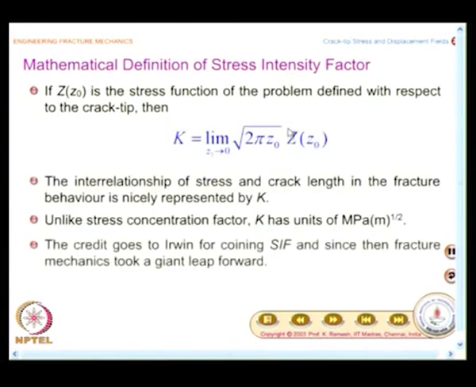If I have a stress function z, and mind you it should be referred with respect to the crack tip as the origin, in order to distinguish that the origin is shifted, I am using the symbol z naught. If the stress function is known, multiply that by root of 2 pi z naught and put the limit z naught tends to 0. Then whatever expression you get will be the stress intensity factor for that particular problem.